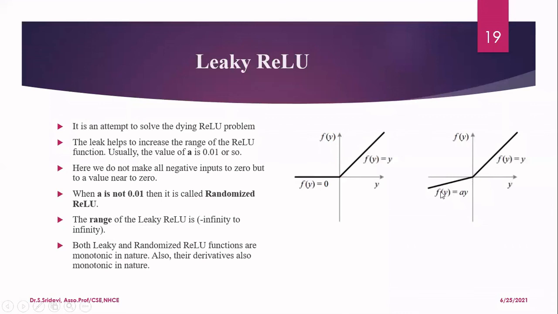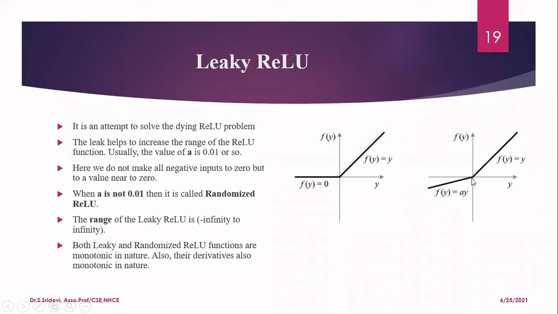They have the formula like this. When your input is positive, the output is proportional to the input, or you can say the output is equal to the input. When the input is negative, then f(y) is equal to a times y. But this a value is a very small value. The most widely used value for a is 0.01. You can even reduce the value.